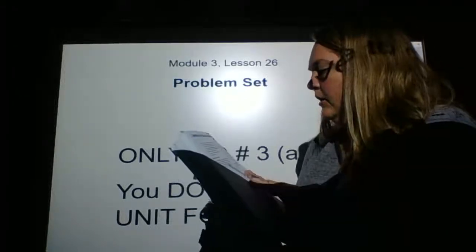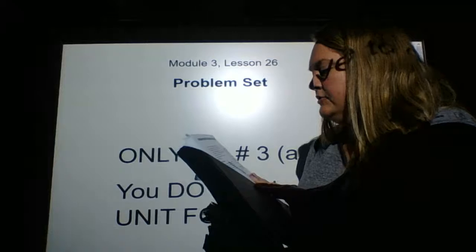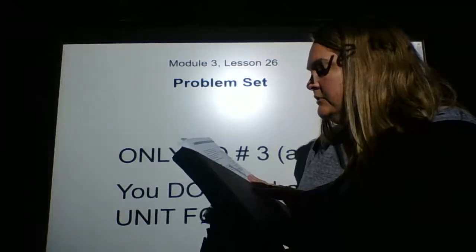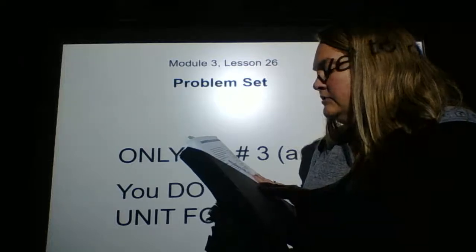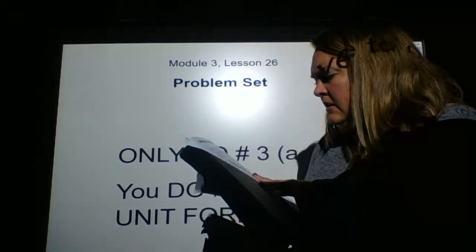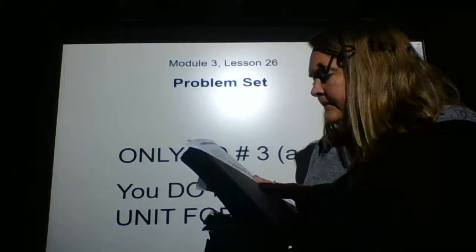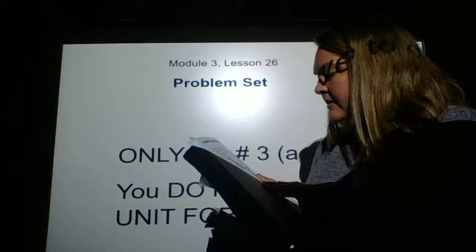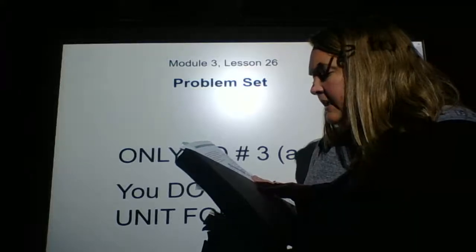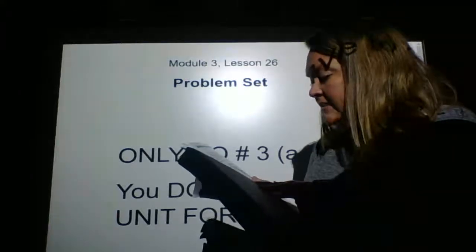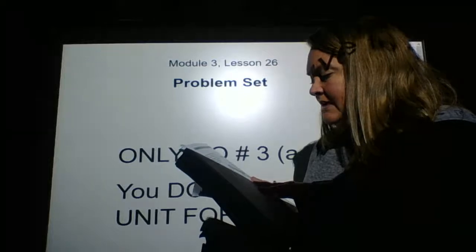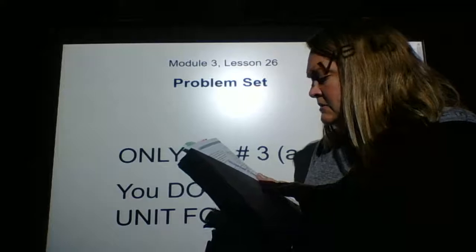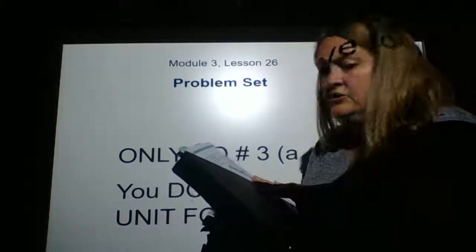So A was 400, B is 300, C is 200, D is 300, E is 50, F is 60, G is 90, H is 40, I is 900, J is 600, K is 800, and L is 800.